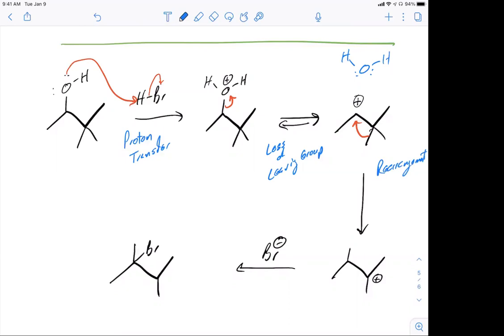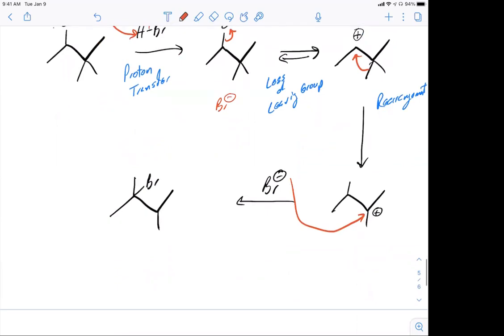And then I have my nucleophile, my bromide, which came from my acid. That was the other species that was given off here. So then my nucleophile attacks my electrophile. So this last step is my nucleophilic attack. Okay.